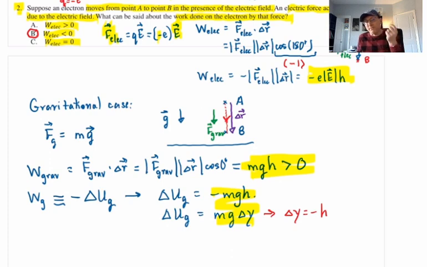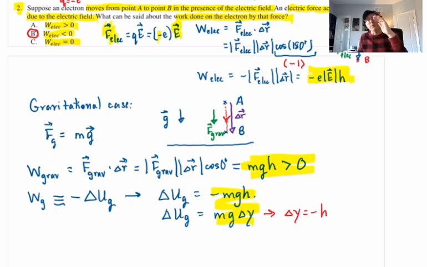Notice then, because the gravitational force was conservative, we could have a gravitational potential energy. When the particle moves from A to B, we can talk about the change in the gravitational potential energy, right? All right, now think back to the electrostatic case. We have a uniform electrostatic field giving us a uniform electrostatic force. I'm just telling you that the electrostatic force is conservative.